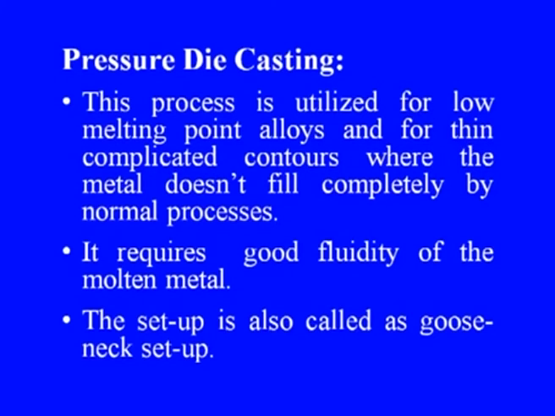It requires good fluidity of the molten material. The setup is also called the gooseneck setup. In this setup, we make use of a pressurizing device such as a hydraulic actuator, which forces the metal to flow into the cavity.